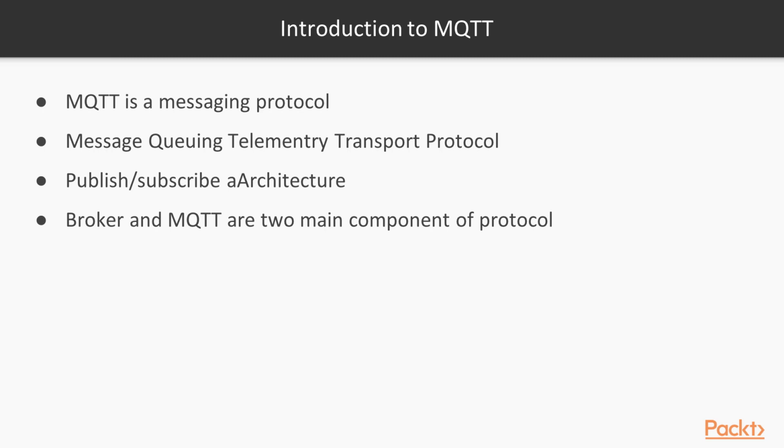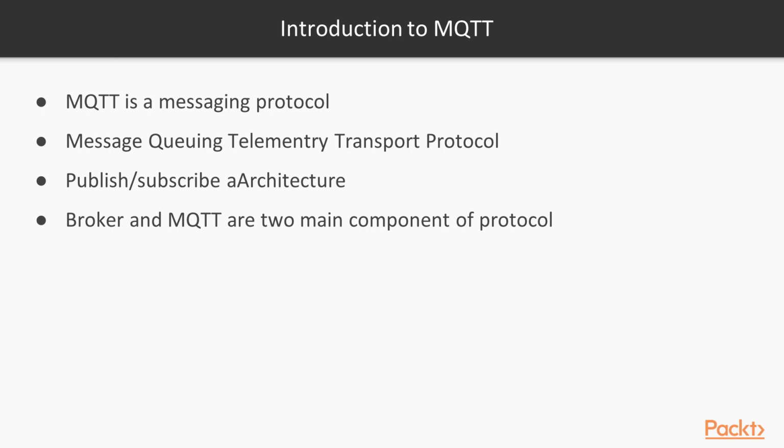Broker and MQTT client are the two main components of the MQTT protocol. An MQTT client is any device that runs an MQTT library and connects to an MQTT broker over a network. If the MQTT client publishes a message, that client is known as a publisher.